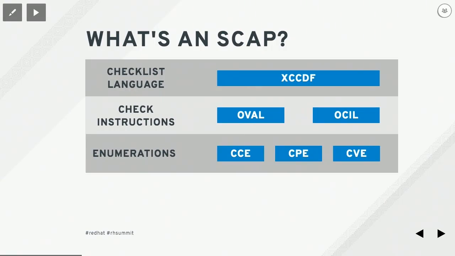And then there is what I'd say is the enumerations layer, which exists to let you know what is actually there. CCE is Common Configuration Enumeration. It basically just gives you a numerical identifier for the kind of setting you're checking for. Like, just as an easy example, password length. For each version of RHEL, there would be an identifier, purely to let you know you're talking about password length, let's say, inside one of the configuration files.